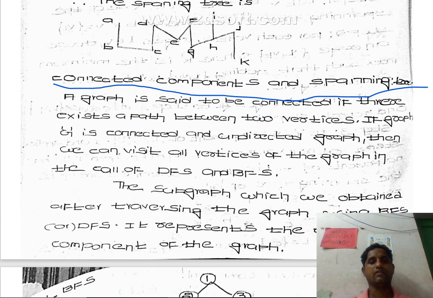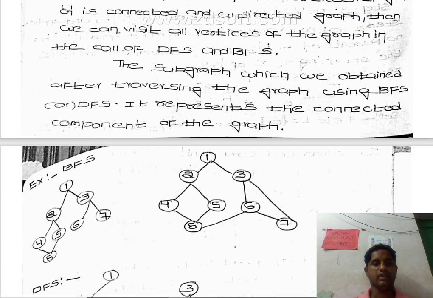That is, an undirected graph is connected if we can visit all the vertices of the graph in one call of DFS or BFS. The subgraph which we obtain after traversing the graph using BFS or DFS represents a connected component of the given graph.